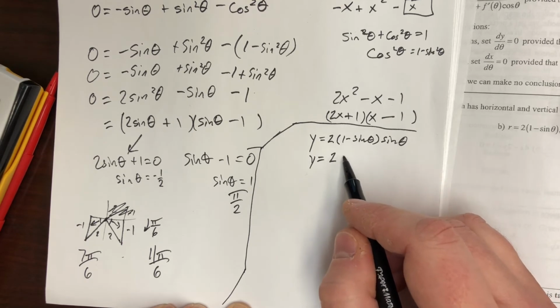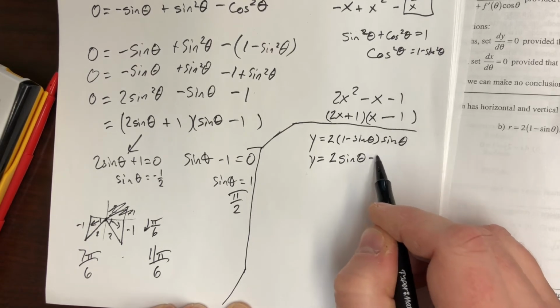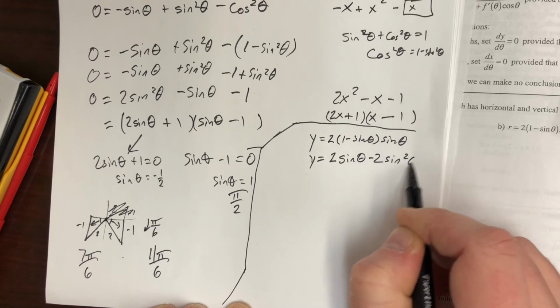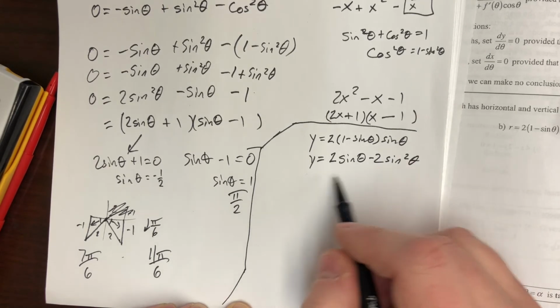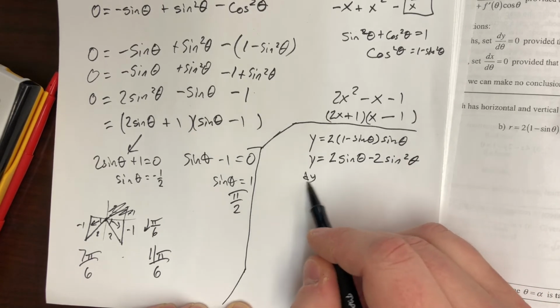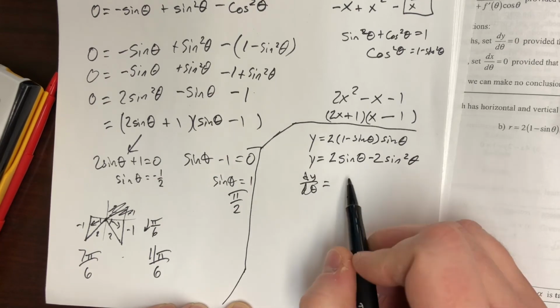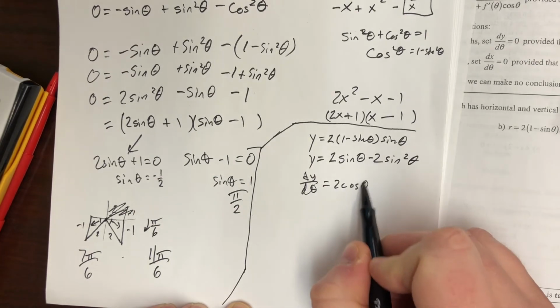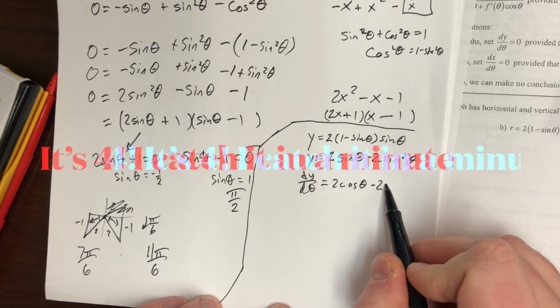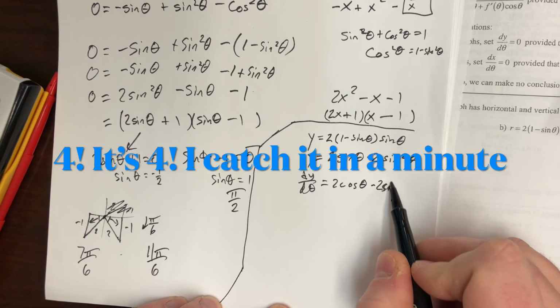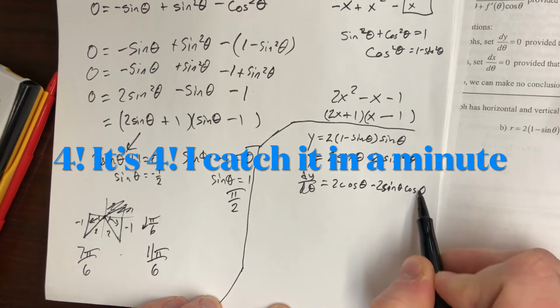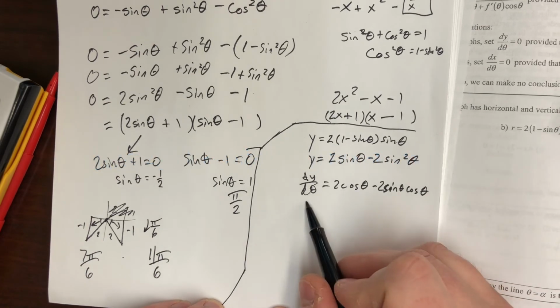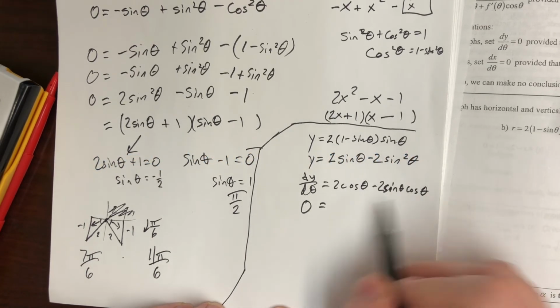So 2 sine theta minus 2 sine squared theta. So then dy d theta is going to be 2 cosine theta minus 2 sine theta cosine theta. And that's equal to 0. Divide everything by 2.